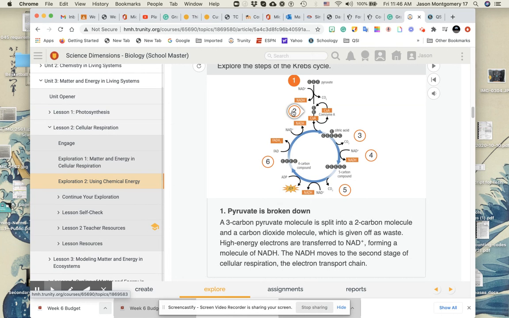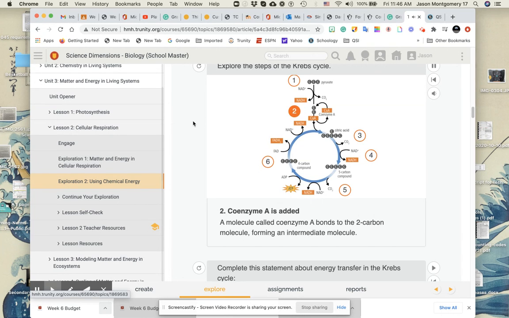All right, so let's see what happens in step 2. Coenzyme A is added. A molecule called coenzyme A bonds to the 2-carbon molecule, forming an intermediate molecule. So this coenzyme A is an enzyme that attaches to the 2-carbon, and when it enters the cycle here, it's going to help in the formation of what's called citric acid, which is a 1, 2, 3, 4, 5, 6 carbon atom, right?